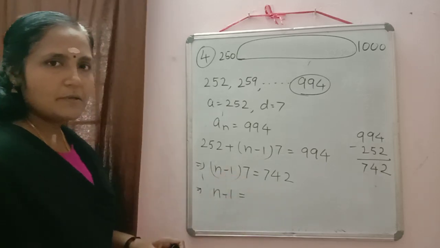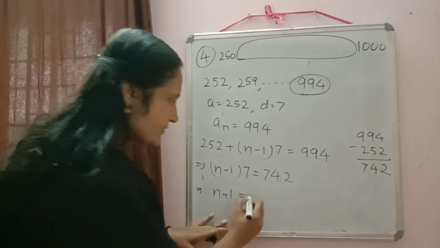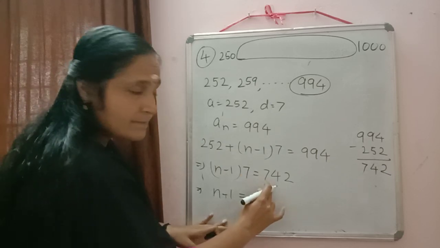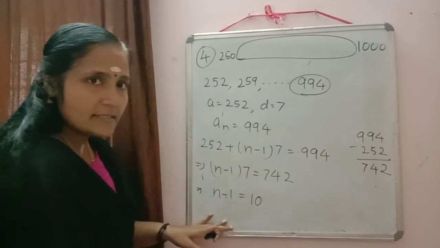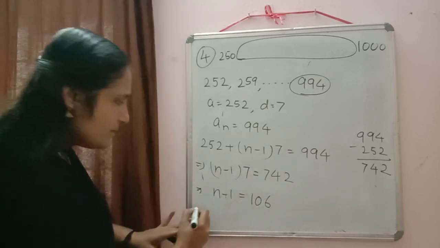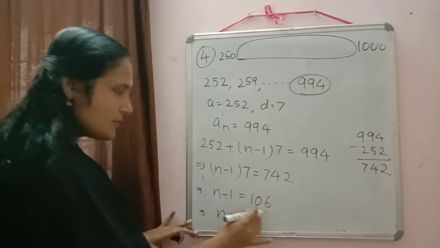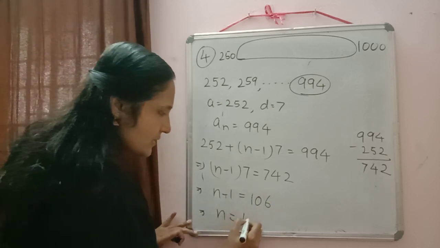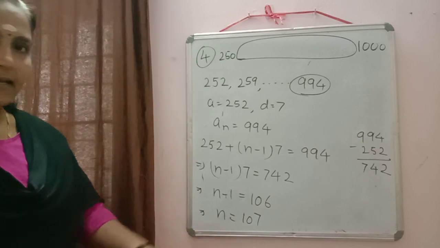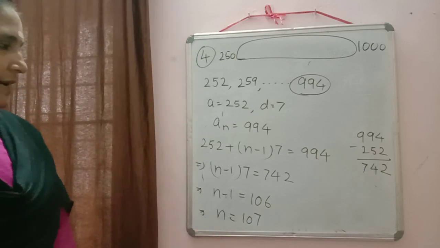When you change the position, it will get divided. So 7 ones are 7. 4 is less than 7, so we will write 0. Then 7 6s are 42. So we will get n is equal to 106 plus 1, so that is equal to 107. So we got n is equal to 107.